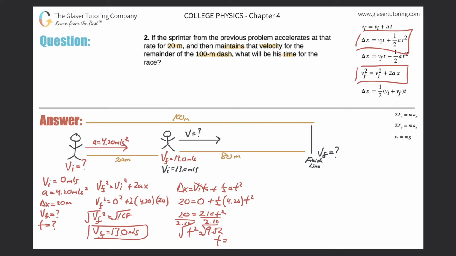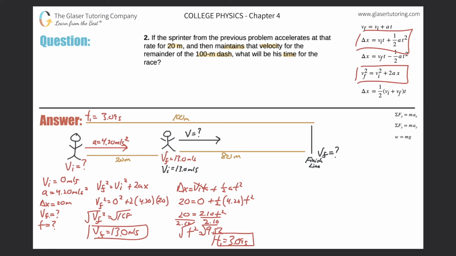So the square root of 9.52 gives us 3.09 seconds. That's the time for the first part. So we found this out. Since we're looking for time overall, I'm going to write that over here. The time for the first part, in the first frame, was 3.09 seconds.